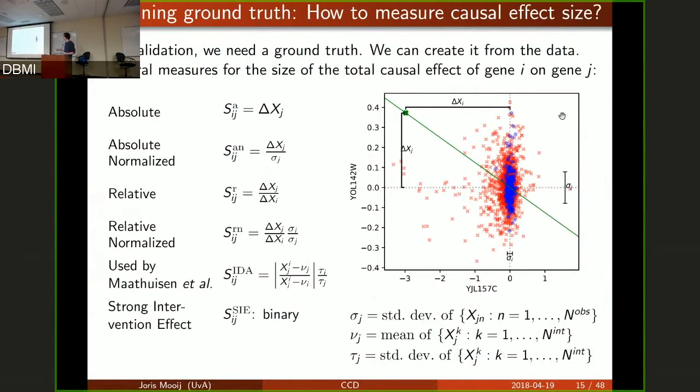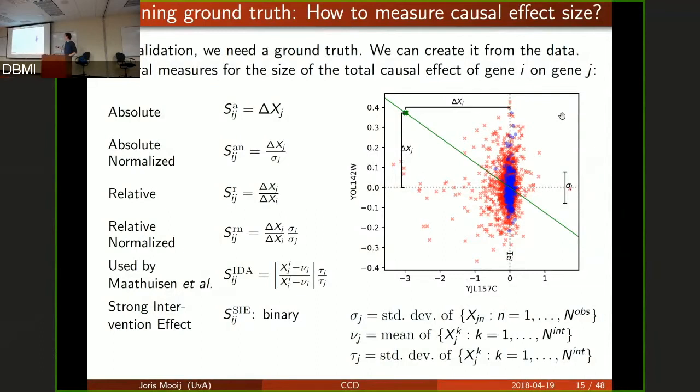And there are some natural scores that you could look at. You could just look at the absolute effect when you knock out a gene, so just the difference between 0 and the gene expression level after the knockout. But you can also normalize this with respect to the observational standard deviation.